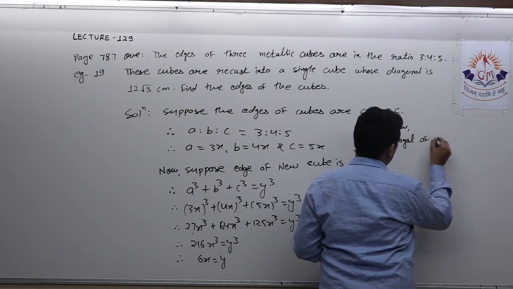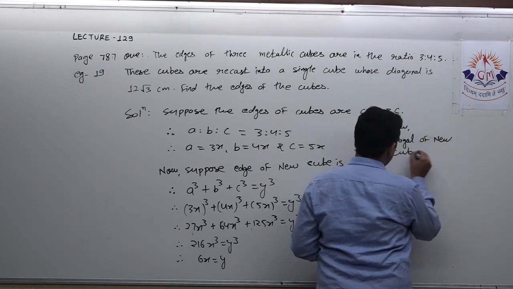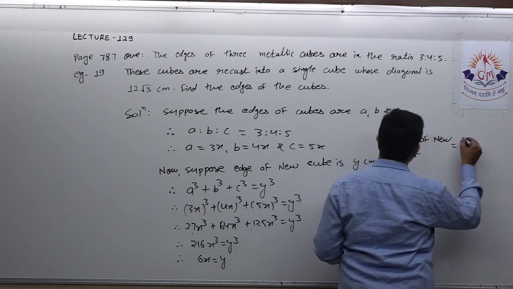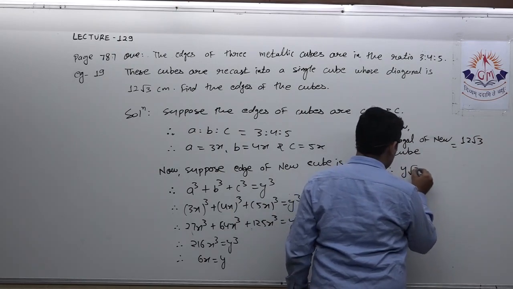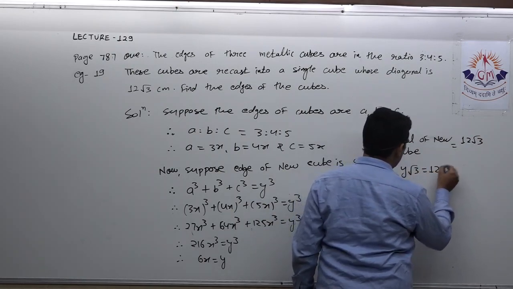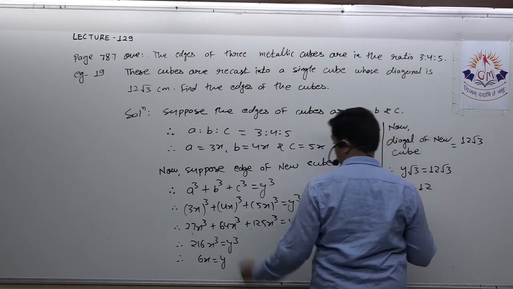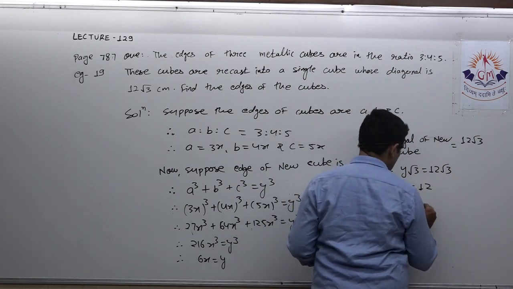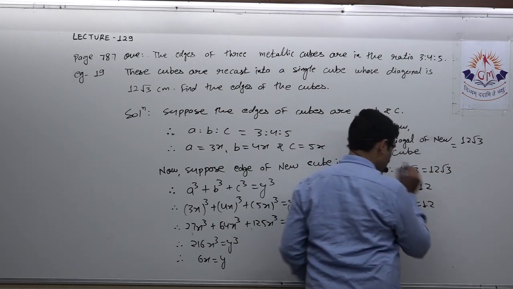Now diagonal of new cube is equal to 12 root 3. Therefore, y root 3 is equal to 12 root 3. Therefore, y is equal to 12, but y equal to 6x, that is 12, and hence x is equal to 2.